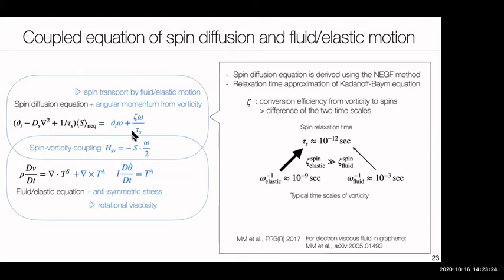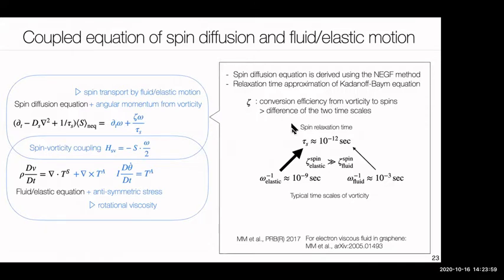In particular, this spin diffusion equation in the presence of the spin vorticity coupling can be derived by using the non-equilibrium Green's function method. I'd like to skip the details of the derivation, but we use the relaxation time approximation for the Kadanoff-Baym equation's collision term.